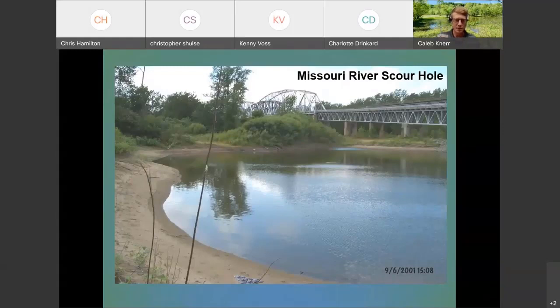But essentially, scour holes can be considered jurisdictional, even though they are not connected with a flow channel to the Missouri River directly. If they do connect at some point during the season on a regular basis, those features would be regulated under 404 permitting.